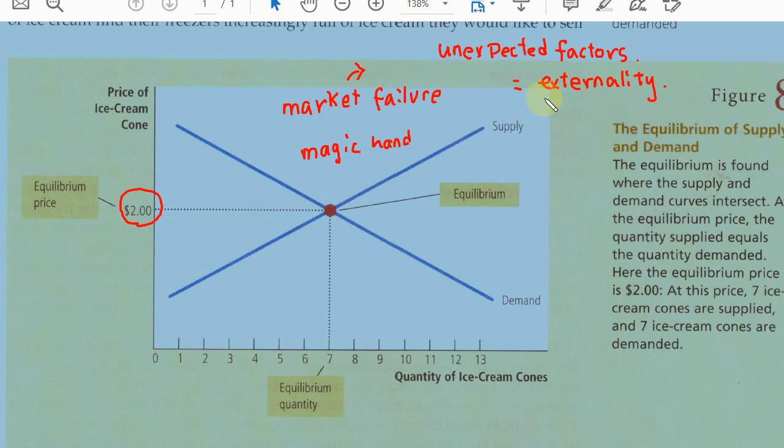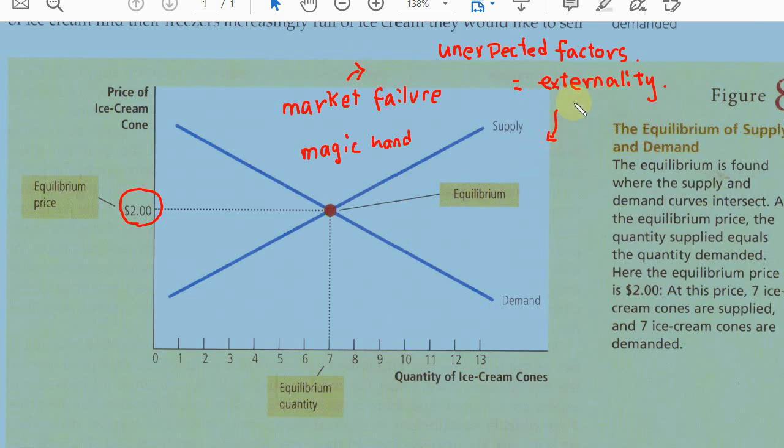Because of this externality, the market is not regulated magically by the price. In this case, someone has to intervene to make the market operate properly.